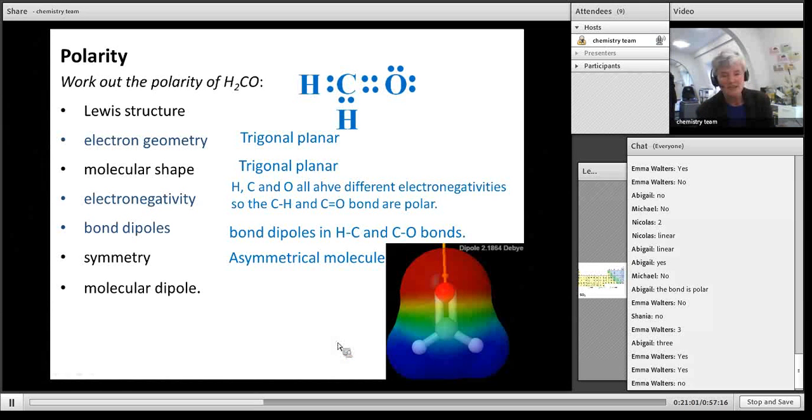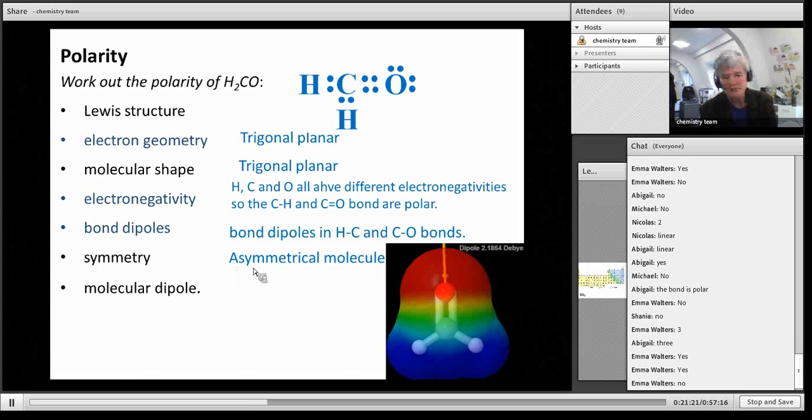By the way, asymmetrical, I still remember my university lecturer saying, only S's spell asymmetrical with two S's. So it always helped me remember it's got one S and two M's if you want the spelling. Quite a few students tend to write non-symmetrical.